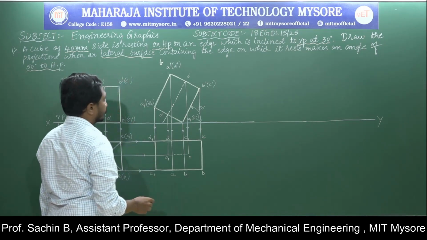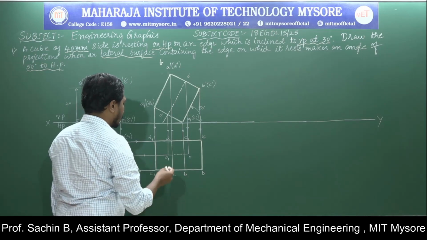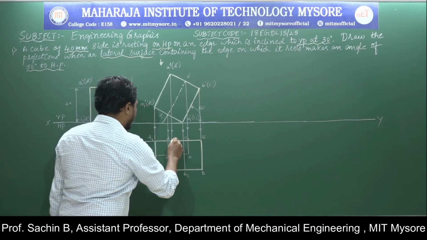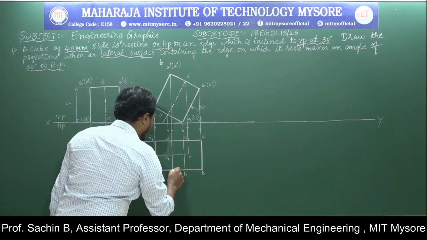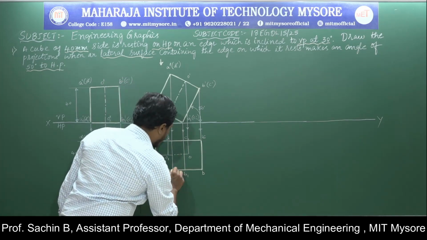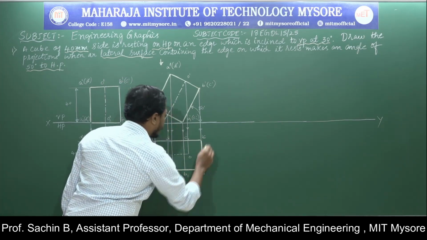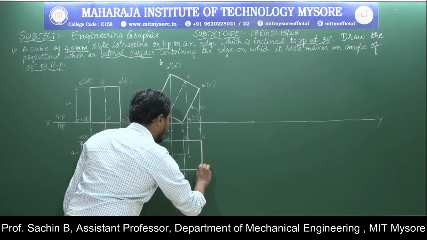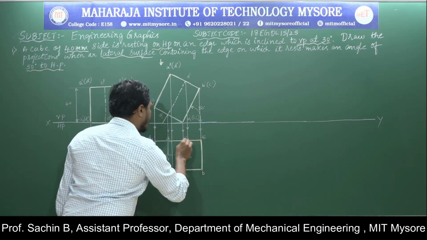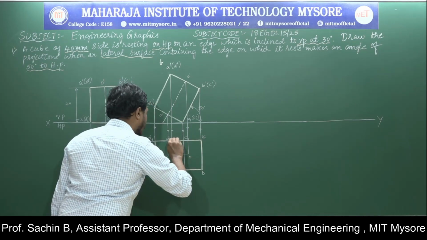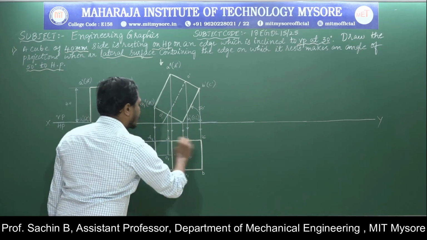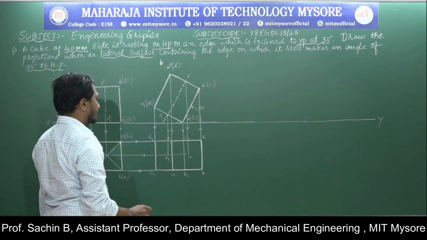Based on that, I will go for making dark this A to B, B to C and C to D, and again D to A. This top face is clearly visible for us.